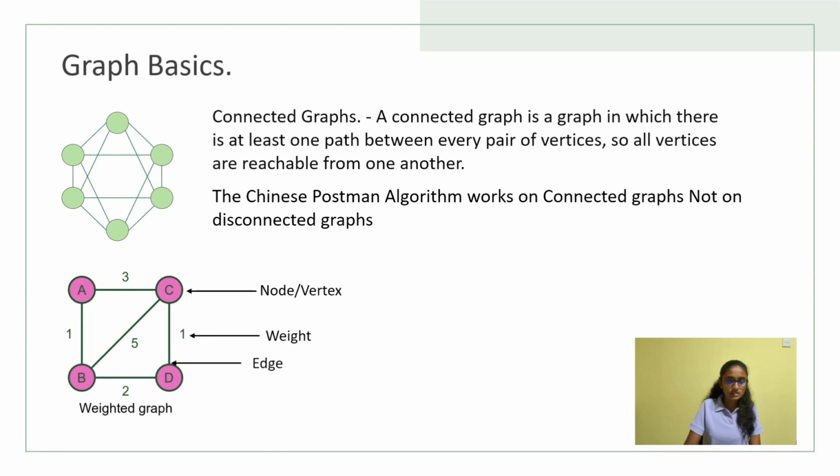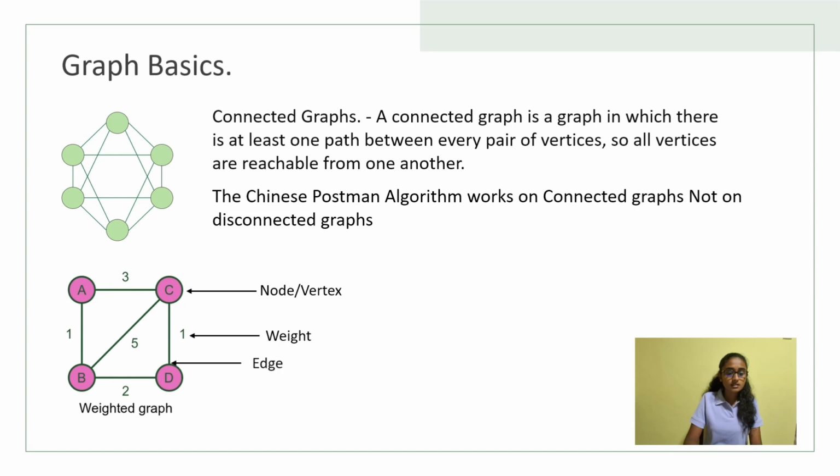Before going further, let's quickly revise graph basics. In a graph, vertices represent locations or junctions. Edges represent roads or paths. The weight of an edge represents distance or cost. What are connected graphs?